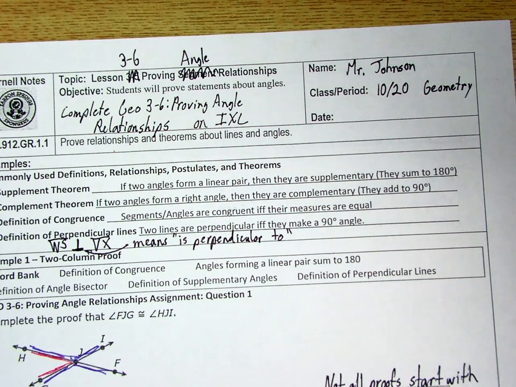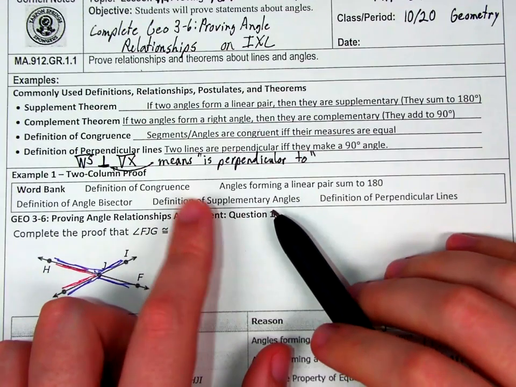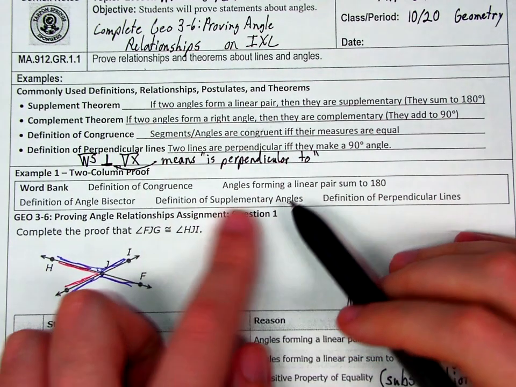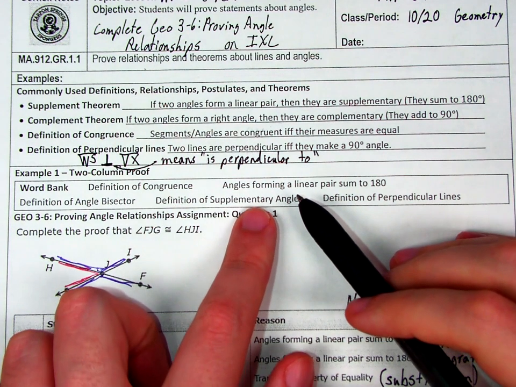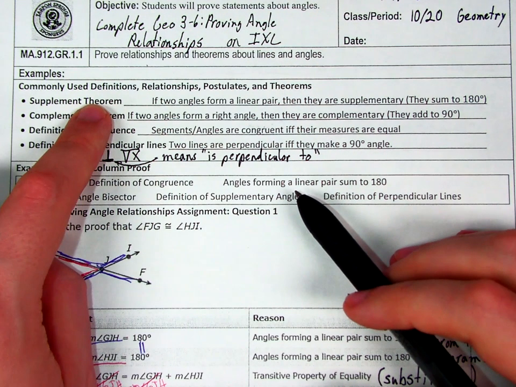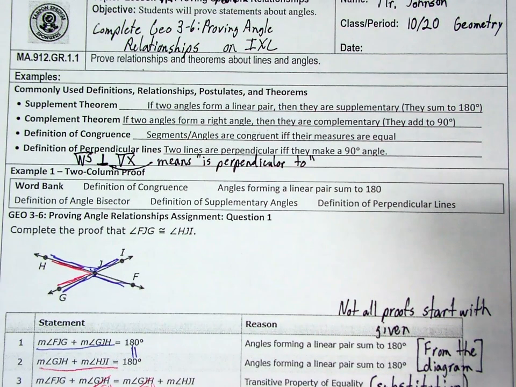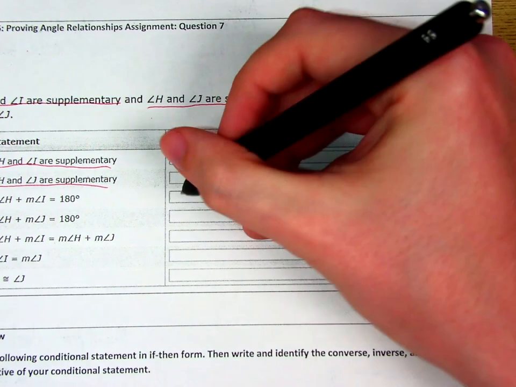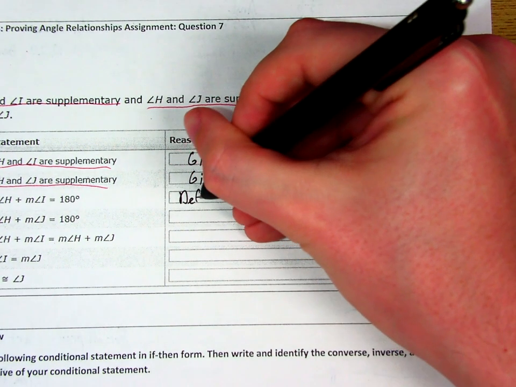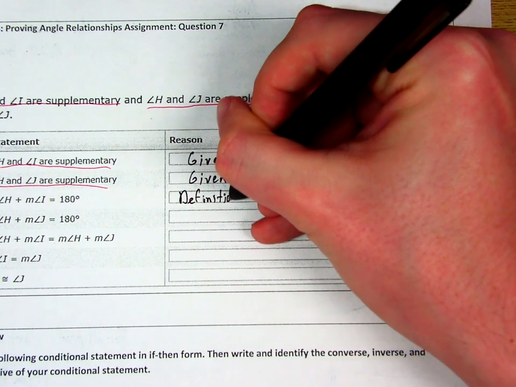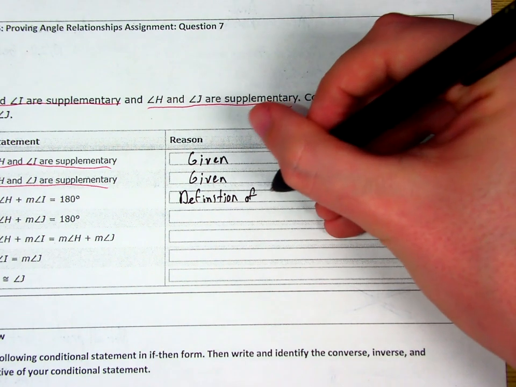If things are supplementary, they add to 180. That's basically our definition of supplementary angles. This is what IXL would want, definition of supplementary angles. Your book might call for supplement theorem. You can see different language depending on which book or program you're using. But we would say that it's the definition of supplementary angles.